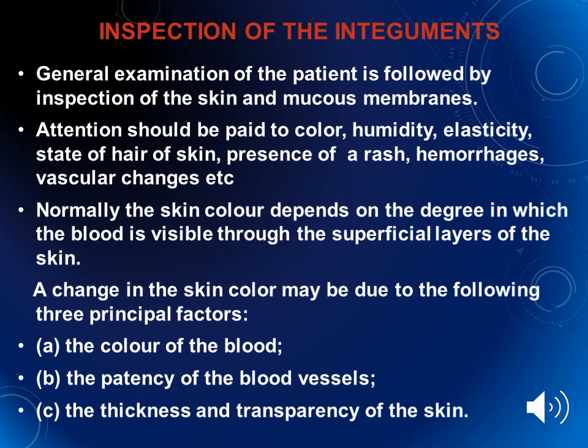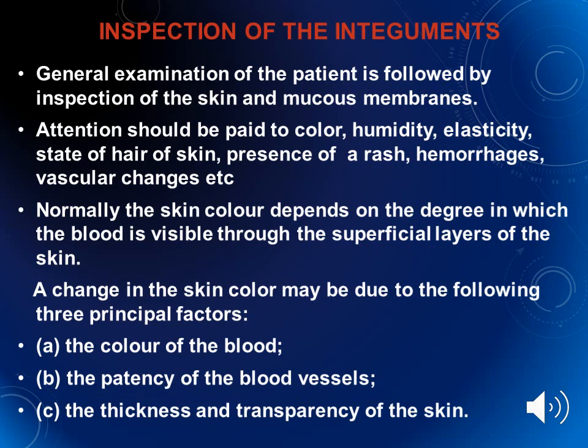General examination of the patient is followed by inspection of skin and mucous membranes. Attention during examination should be paid to the color, humidity, elasticity, state of hair of skin, presence of rashes, hemorrhages, vascular changes.